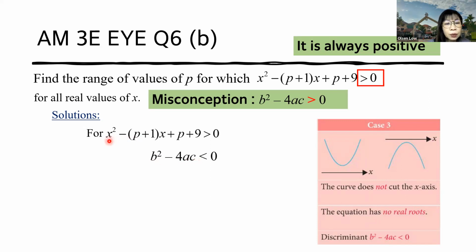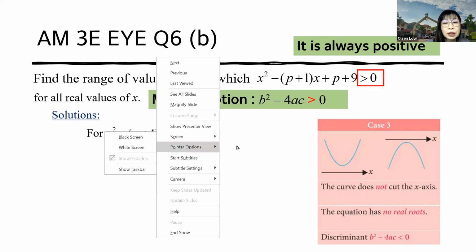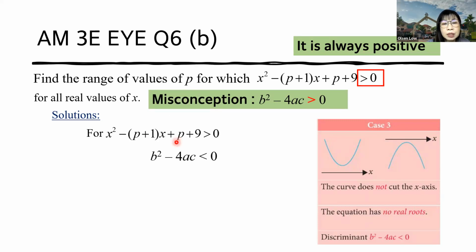If you take a look, a is simply equal to 1, b will be negative bracket p plus 1, which is the coefficient of x, whereas c here will simply be p plus 9. Given this, let's substitute the values of a, b, and c into our discriminant.